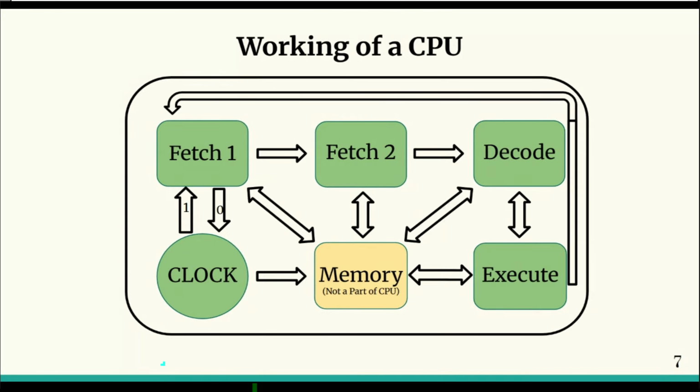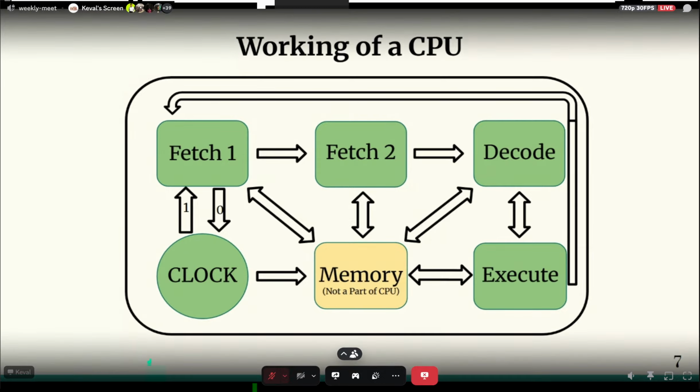So fetch 1 will get the first byte of the instruction. Since the instruction will be 2 bytes long, fetch 1 will get the first byte, then it will move to fetch 2, fetch 2 will get the second byte, it will move to decode, and then the decode state will help the instruction to be understood by the CPU using switch cases, and from there onwards the CPU will execute the instruction and then go back to the original fetch state again.